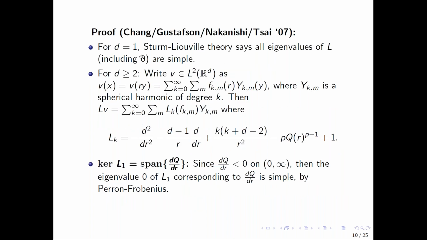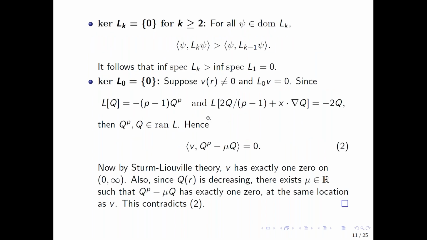If you change k, all that happens is this constant term here gets bigger. And it follows from that that the eigenvalues of Lk have to be bigger than the eigenvalues of Lk minus 1. So the infimum of the spectrum of Lk has to be bigger than the infimum of the spectrum of Lk minus 1, unless Lk has no eigenvalues.